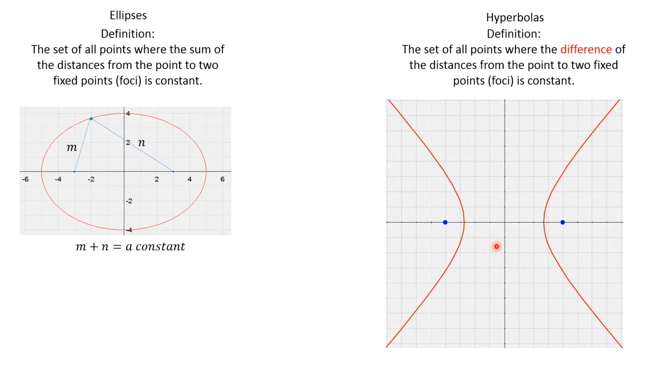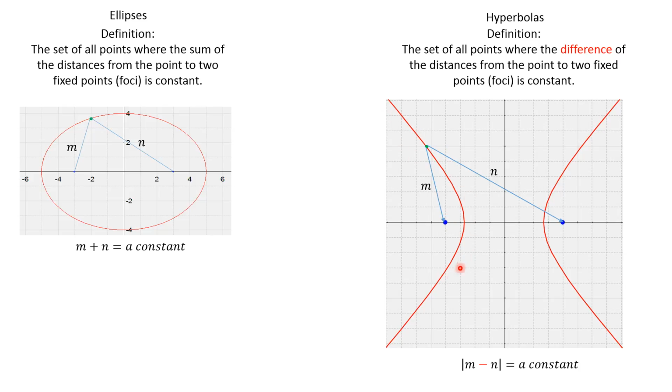For a hyperbola, if we take any point on the hyperbola, let's pick this one, then this distance minus this distance is going to be the same. If we call one of them m, the other n, the absolute value of m minus n is a constant. And notice I have it in absolute values, because if we switch the order, it would be negative instead of positive, or vice versa.